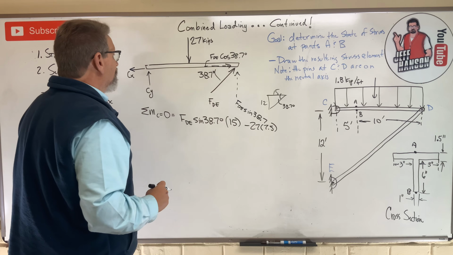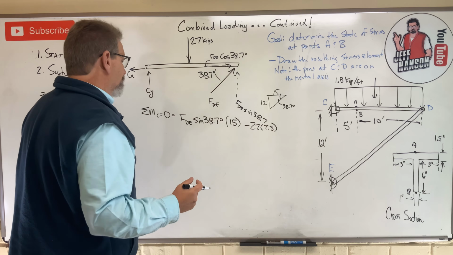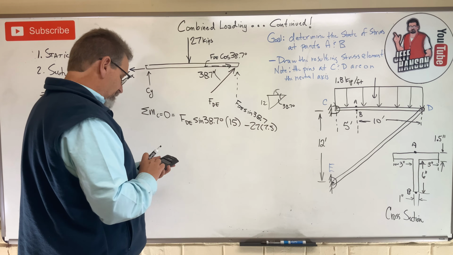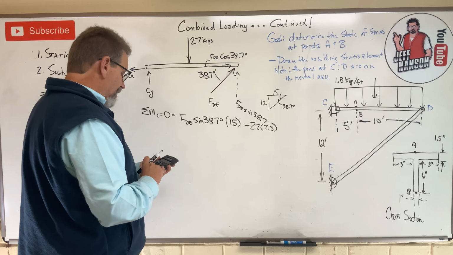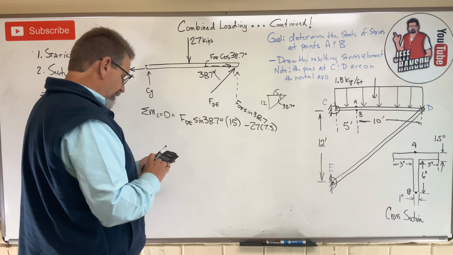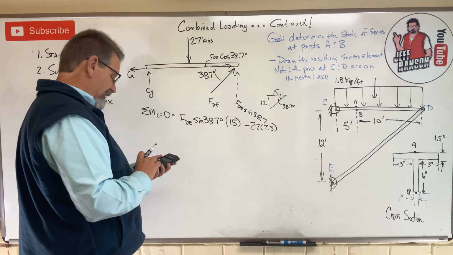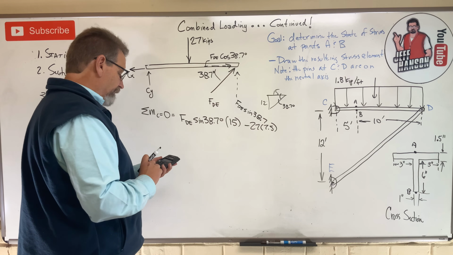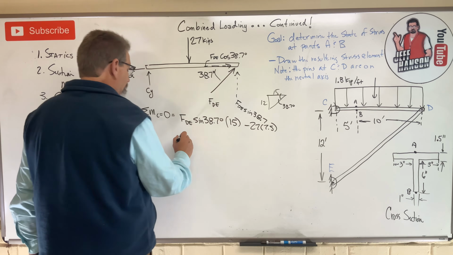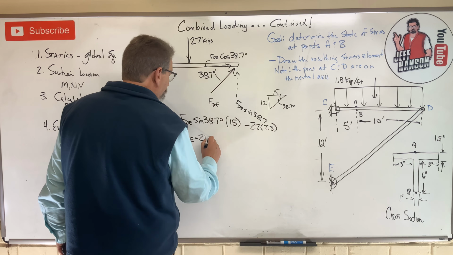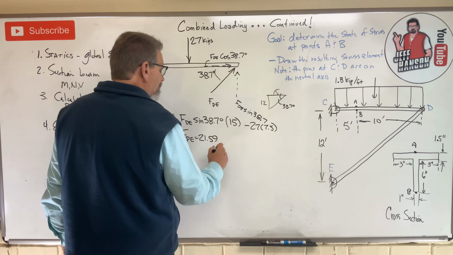And then that's it, isn't it? So what is that? 27 times 7.5, divided by 15, divided by the sine of 38.7 equals 21.59. So FDE is 21.59 kips, right?